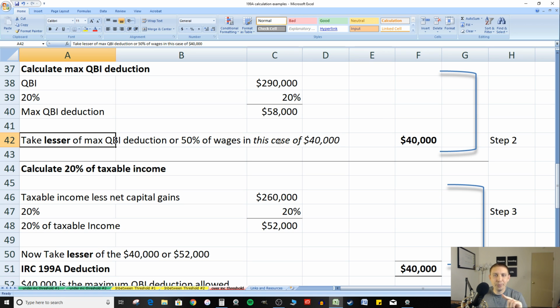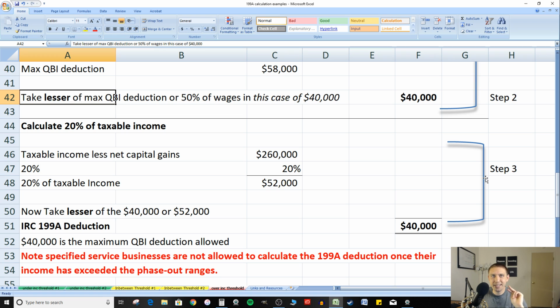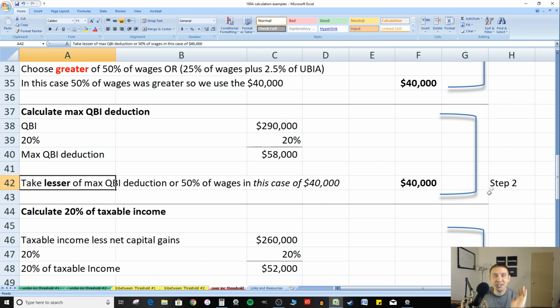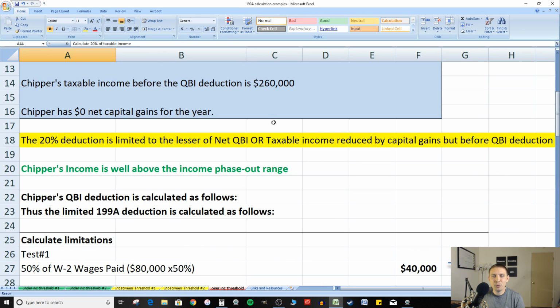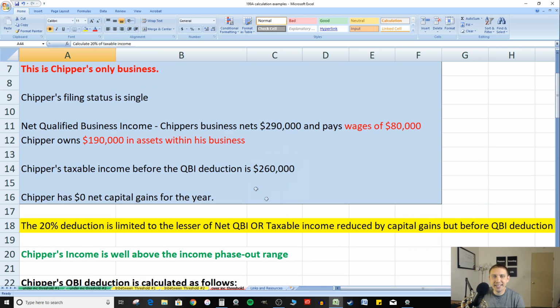Now we're going to go into step 3, and we're going to start to finalize this calculation. So that was step 2. Now let's go on to step 3, and we're getting close to being done with this calculation. Now what we need to do is calculate the 20% max deduction based on Chipper's taxable income. Well, Chipper's taxable income we know is $260,000, and that number is coming from right here because that's what I gave you guys as the example. That's Chipper's taxable income.